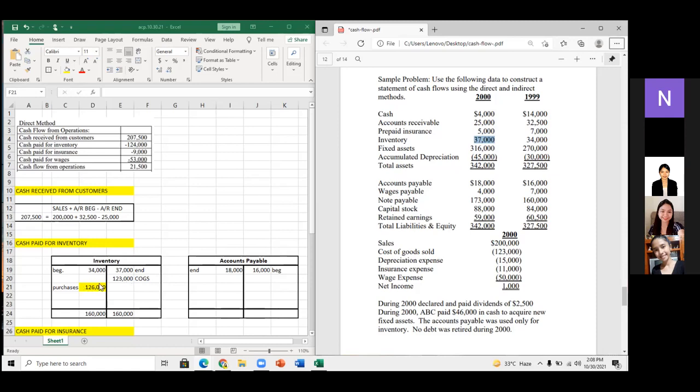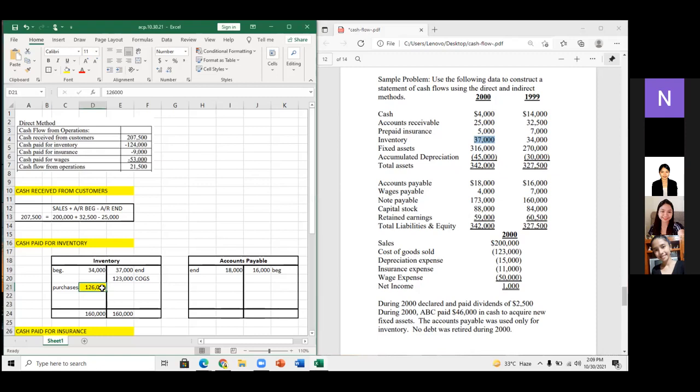Para makuha natin yung cash payments natin sa purchases, ito yung 126. Nakuha natin yun kasi tinotal natin, nakuha natin 160, tapos niless natin yung beginning kaya nakuha natin tong purchases na 126.